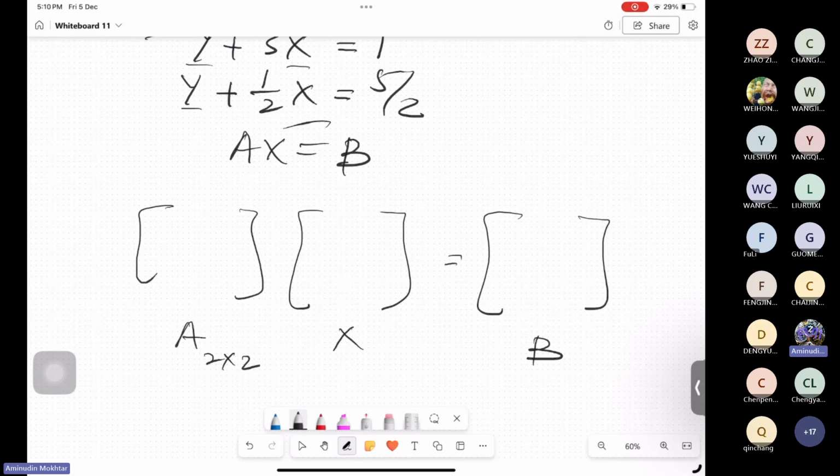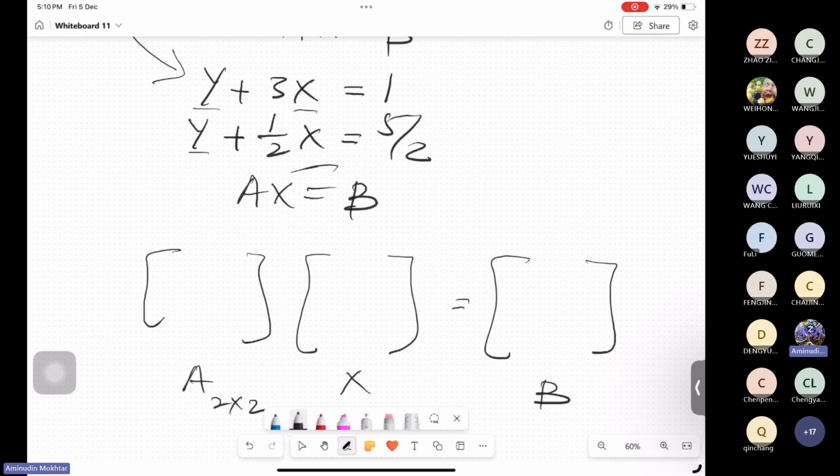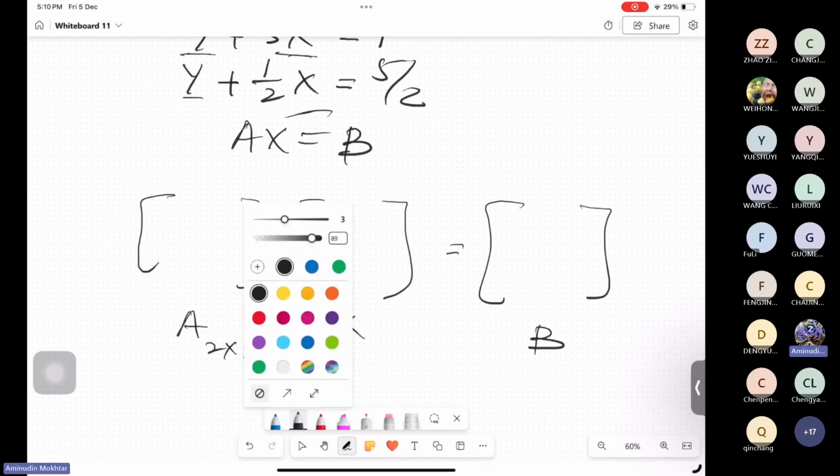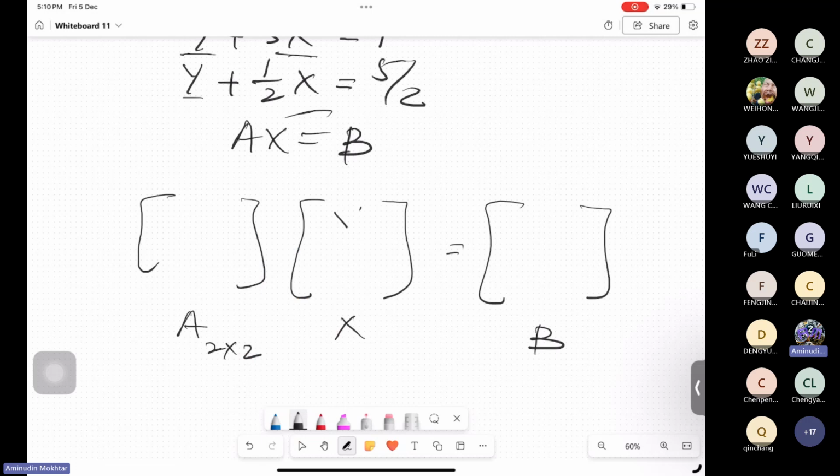We call it a column vector, because the elements of x equal the variables in the system. In the system, the first variable is y, the second variable is x, so x will have only two rows, y and x.